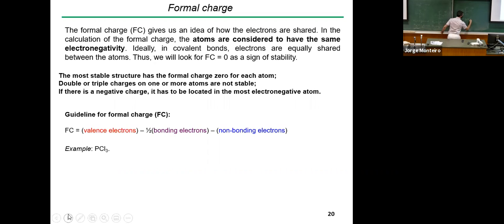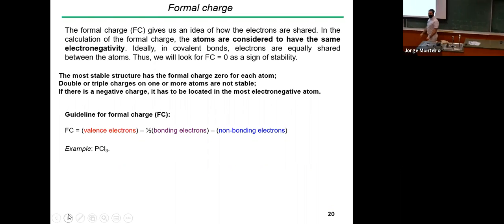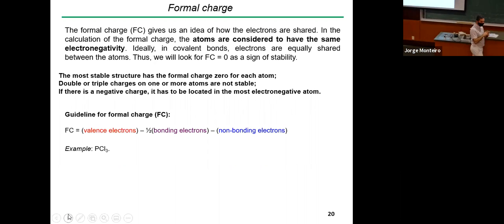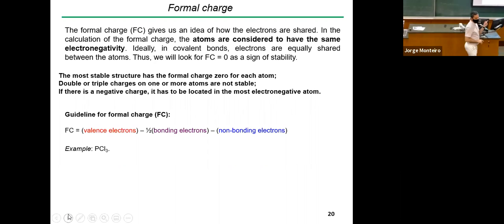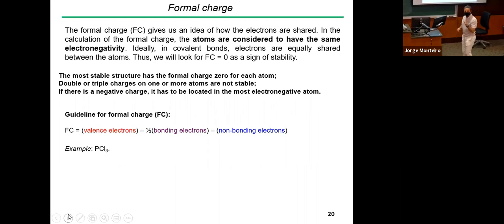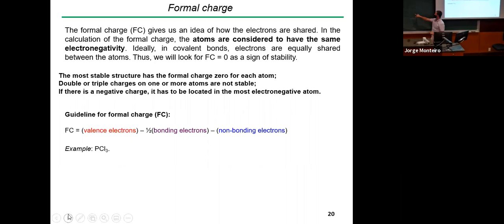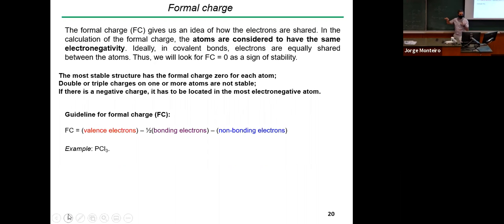So that's 12 minus 0. That is 0. So we have more zeros than the second case. We have two negative charges. They are located in the most electronegative element in the bond. So that's allowed.